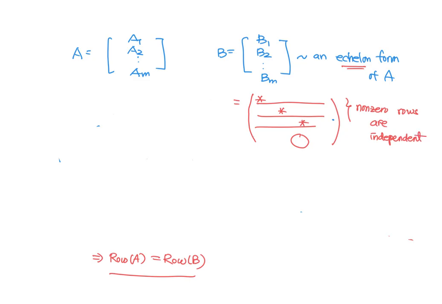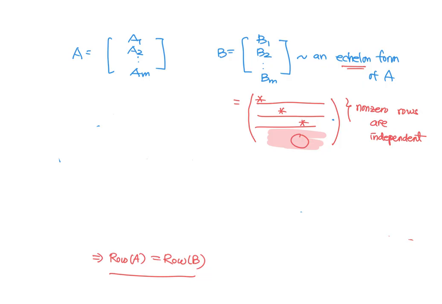So the row space of A will be the same as the row space of B, and the row space of B is generated by the linear combinations of the rows in the B matrix. Since the contribution from the zero vectors can be discarded when I construct the linear combination, the row space of B is obtained from those non-zero rows, right?